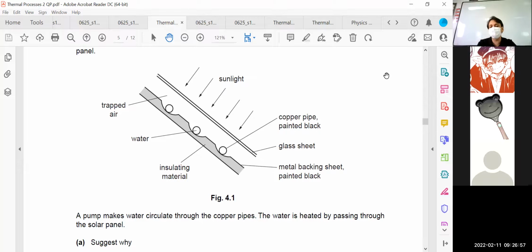Once the light entered through the glass sheet, it is trapped inside, and the heat entered into the air, the air gets warm, and again the warm air couldn't go out; it remains inside. So the temperature of the system keeps increasing, and that will help to make the water get heated. This is the same thing as the greenhouse effect also.